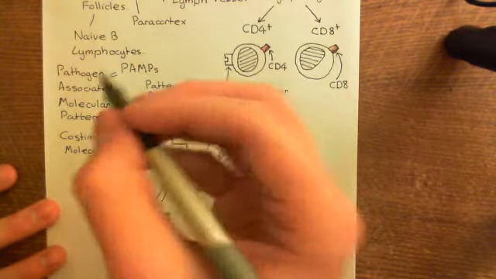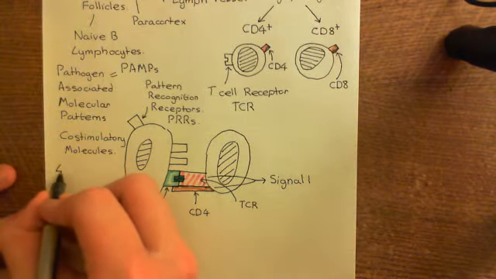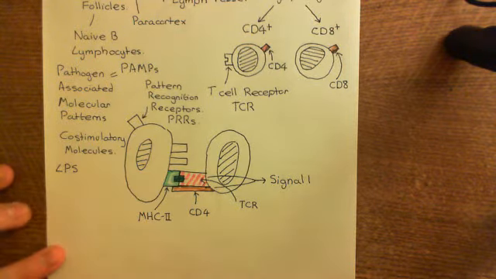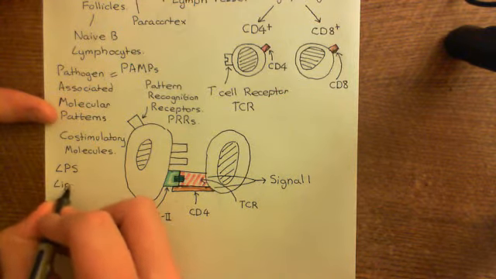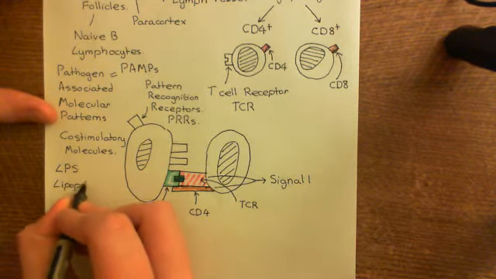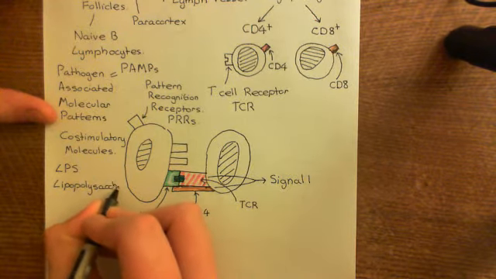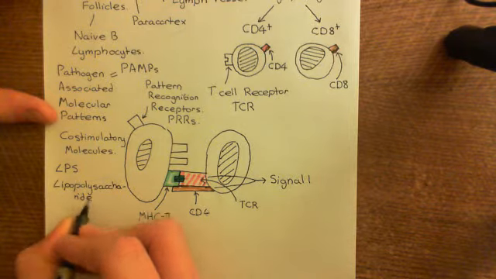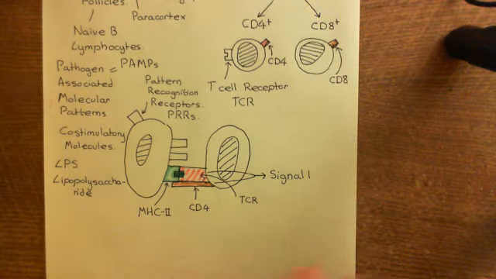Okay, so the archetypal example of this is the pathogen-associated molecular pattern LPS, which stands for lipopolysaccharides. Let me just write that down. So this is lipopolysaccharide, and this basically is a lipid molecule that no human cell would ever in its wildest dreams put on its cell surface membrane.